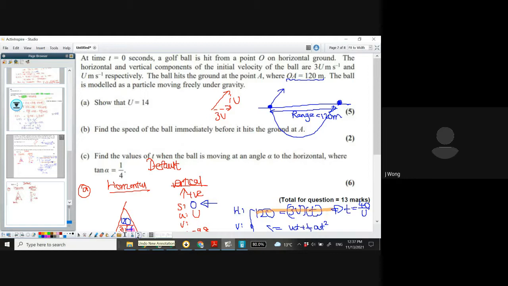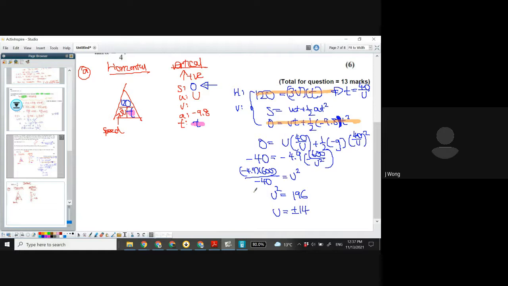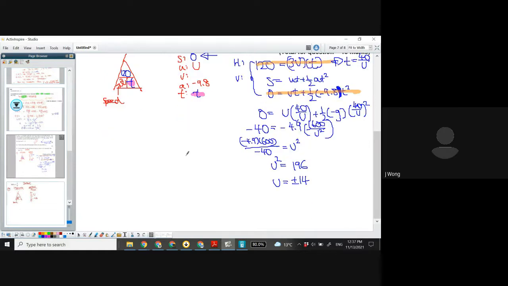But based on our observation in real life, the golf ball never goes along that sort of pathway. So we're just going to pick u as 14. I'm going to conclude that because u has to be positive in this case, u is 14.